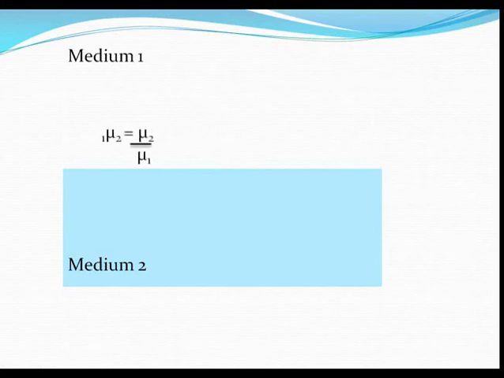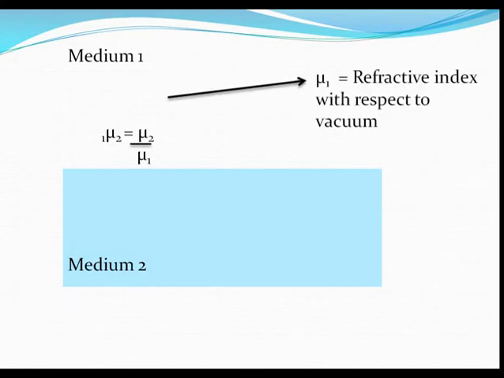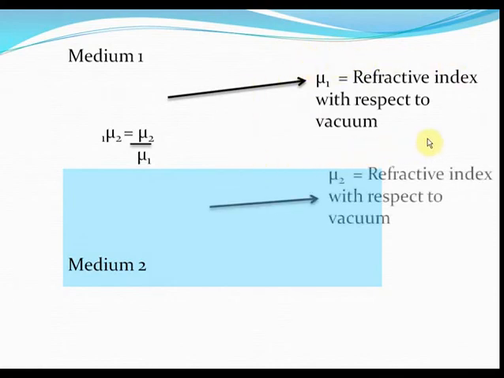When we say 1 mu 2 equals mu 2 by mu 1, we mean that the refractive index of 2 with respect to 1 is equal to the refractive index of 2 divided by the refractive index of 1, each with respect to vacuum. So mu 1 represents the refractive index with respect to vacuum, and mu 2 represents the refractive index of this medium 2 with respect to vacuum.